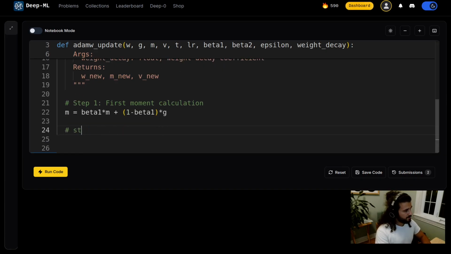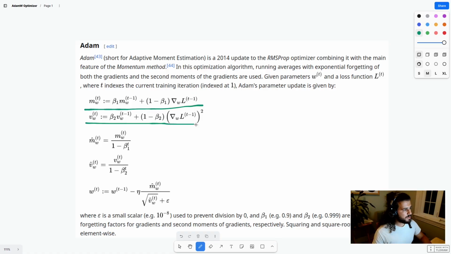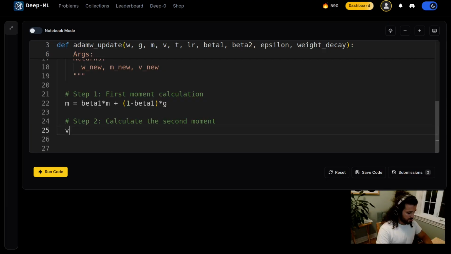Step 2 is to calculate the second moment. Same structure, but here you're doing gradient squared and you have beta 2. In this case we call it v. You have v equals beta 2 times v plus 1 minus beta 2 times g squared.